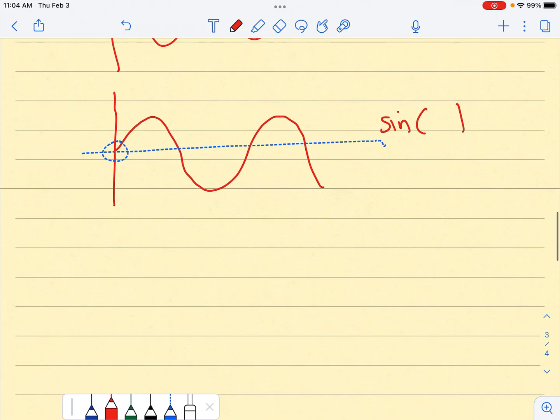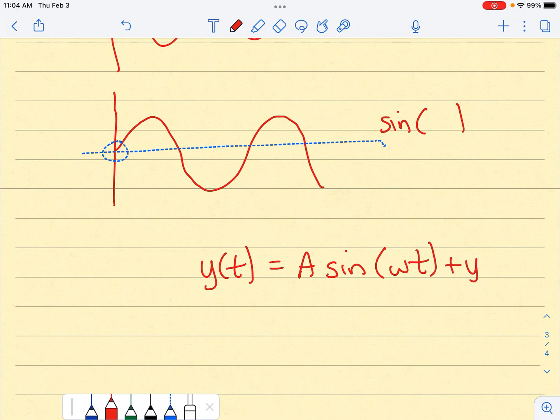So in general, we can write the position, y of t, if it's moving vertically, equals a times the sine of omega t plus y naught, or if it starts at its maximum, which is more common, then y of t equals a cosine of omega t plus y naught.